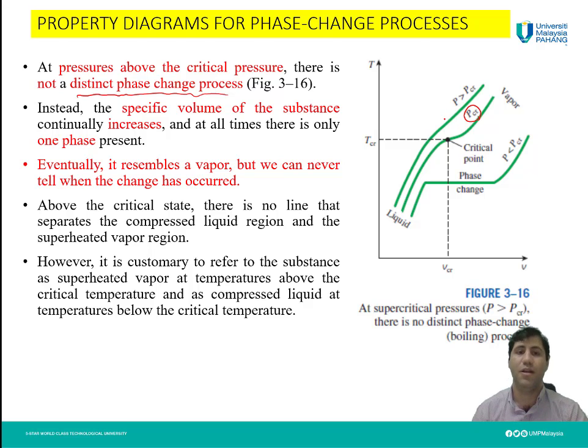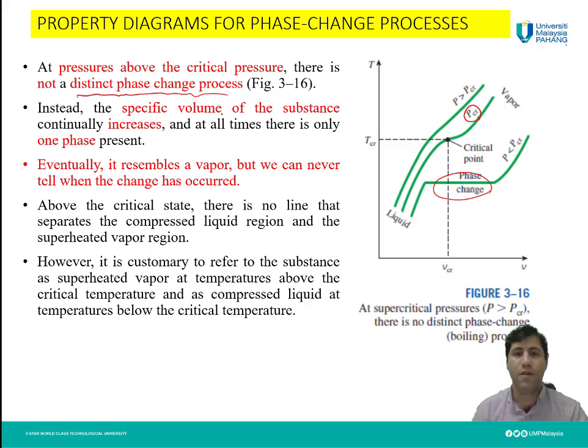We have only one phase throughout the system, and we cannot distinguish when the phase changing process is happening. It is always changing, and we cannot find a process like this to see how the phase changing is happening.